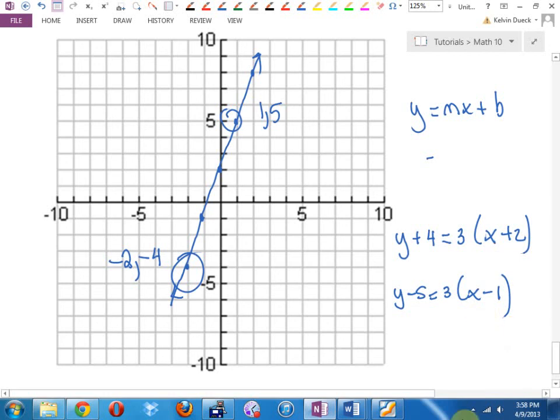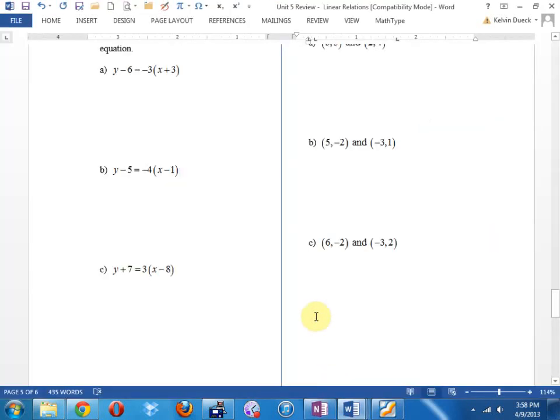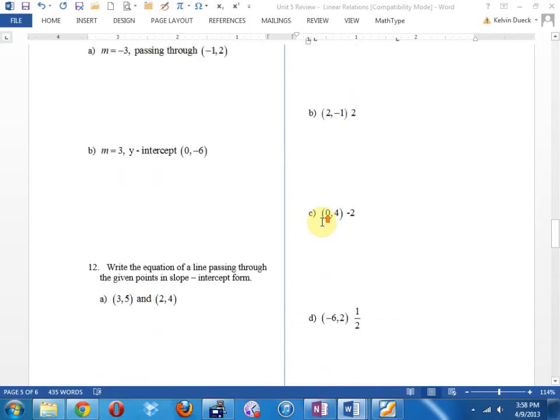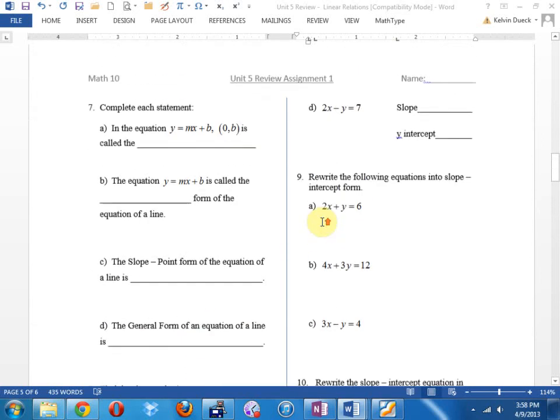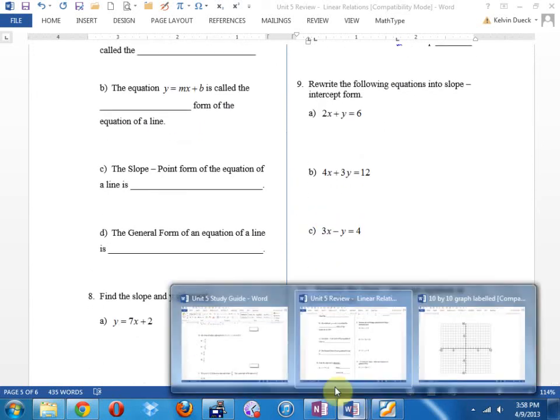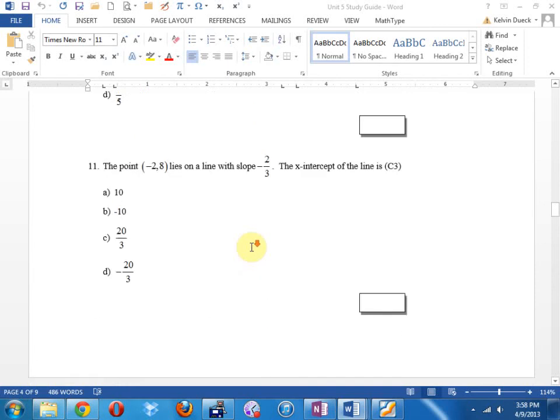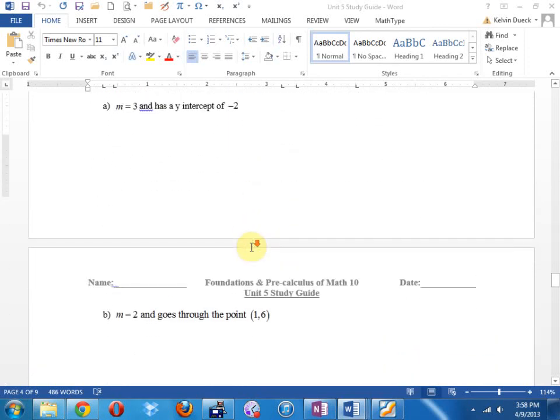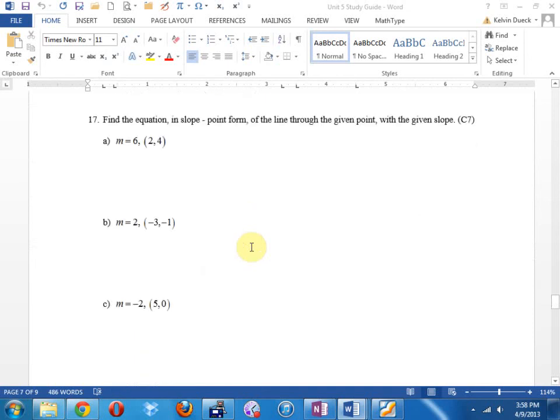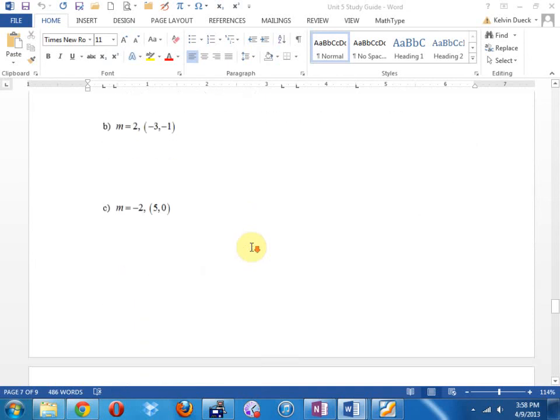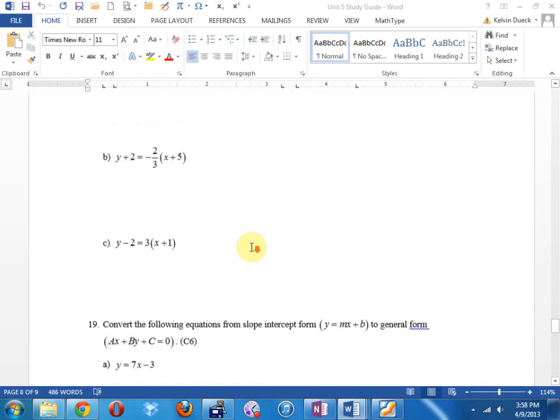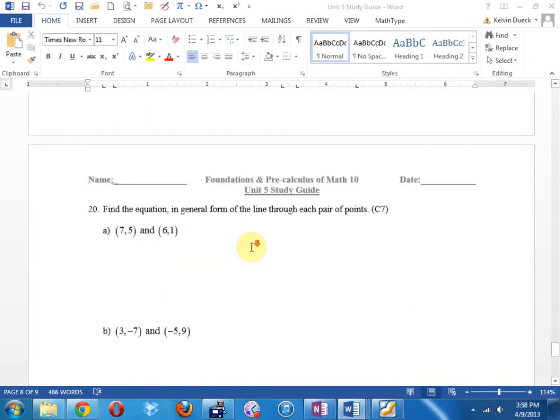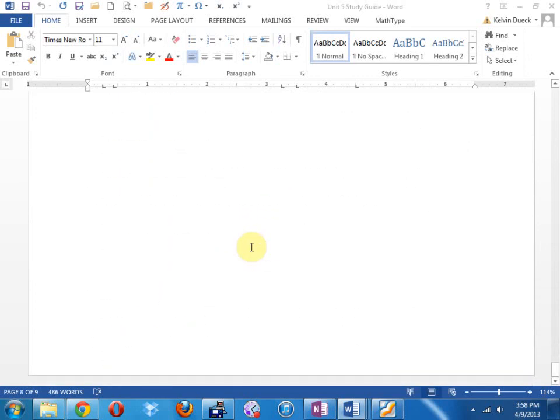So the written section is very, very similar to, yep, that's on there. That's on there. That's on there. That's on there. And very similar to quiz number 3.